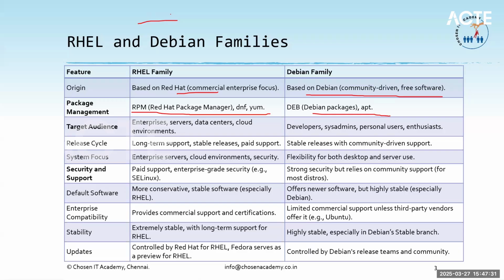But for installation, CentOS, we say this is also community based, no? Free, community. This comes under Red Hat, but it is community. Now, saying commercial enterprise focus, normally it should be free open source, no? This CentOS. Because we are saying commercial, our understanding is that it is free.